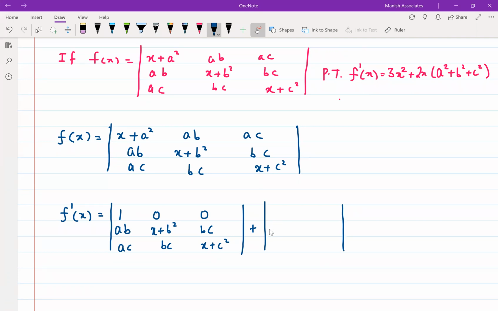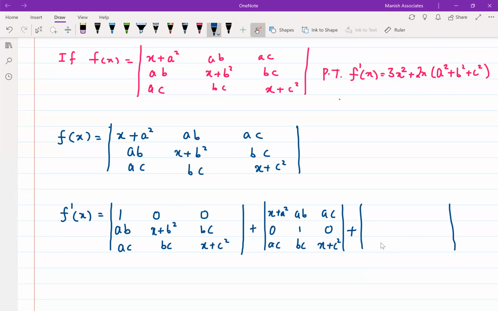Now in the second row, if you concentrate ab, x plus b square, bc, ab का derivative 0, x plus b square का derivative 1, because x का derivative 1 है, b square का derivative 0 है, और bc का derivative 0 आएगा. a square का डेरिवेटिव 0 आएगा. देन राइट द रिमेनिंग एक्सप्रेशन एज इट इज, x प्लस a स्क्वायर, ab, ac, ac, bc, x प्लस c स्क्वायर प्लस.